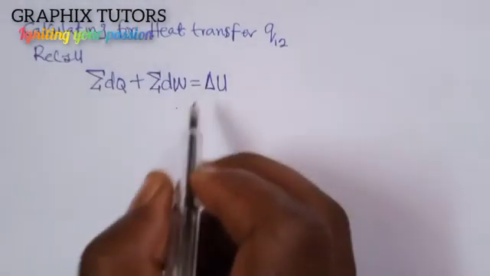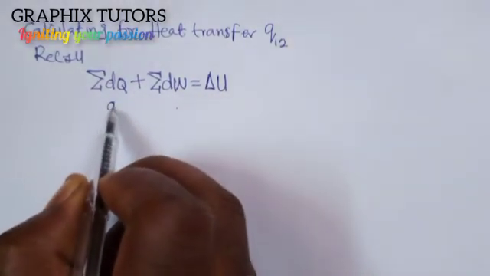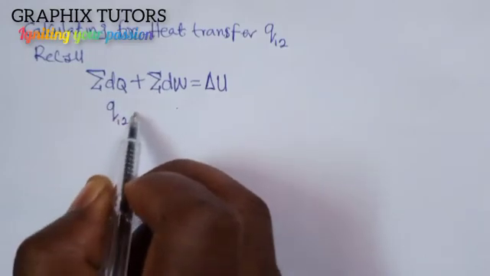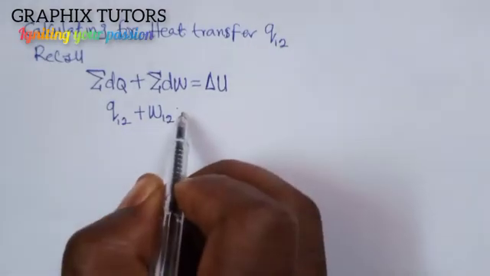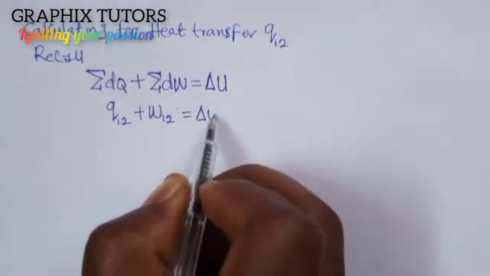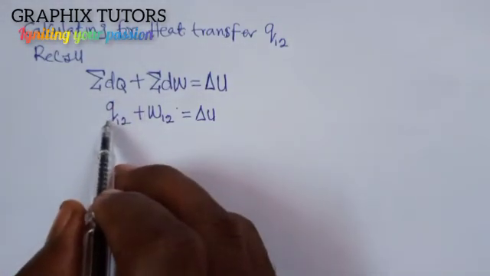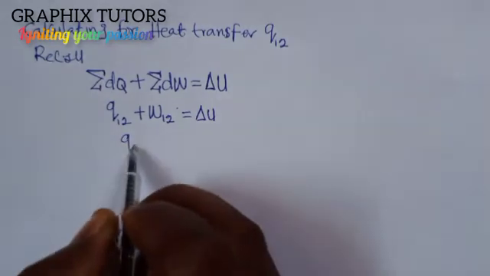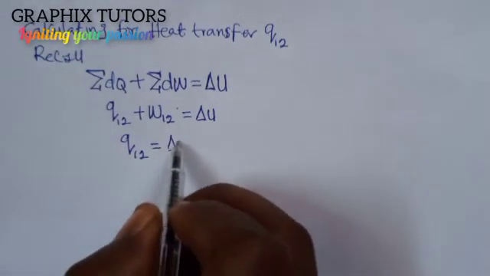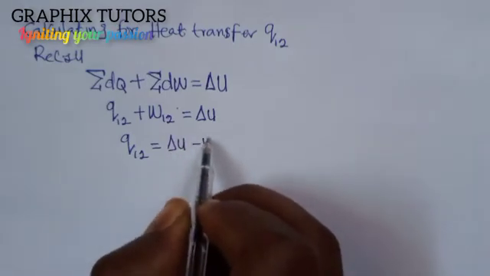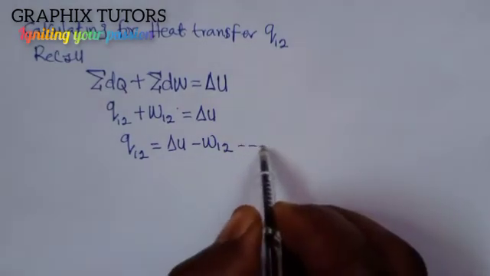Now, from here, I can easily say that Q12 plus W12 in the process is equal to the change in internal energy. Now if I make Q12 the subject of the formula, I'm going to have Q12 equal to change in U minus W12.